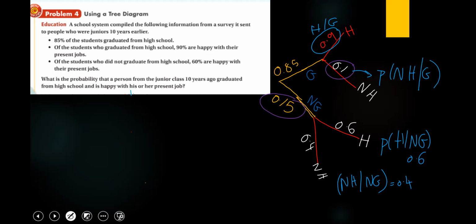So be careful, not G given H is different from H given G. The numbers on the branches represent the conditional probability, but the table shows A and B. Is it clear? Yes.